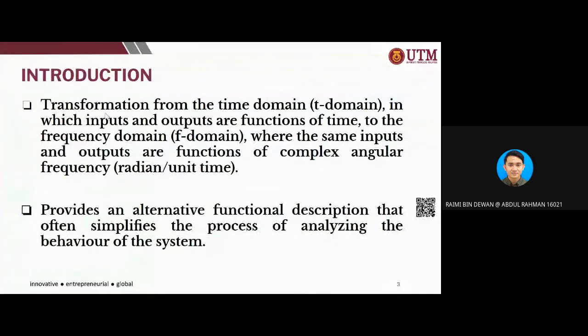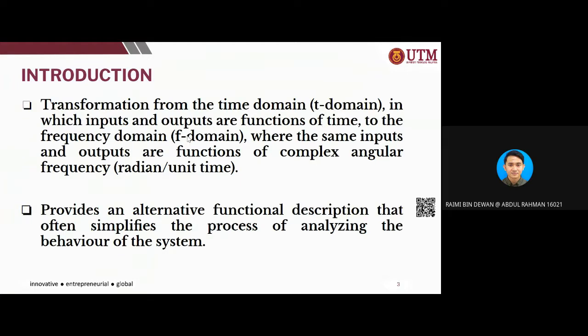So, introduction. Transformation from the time domain, which we call the T domain, in which inputs and outputs are a function of time. I believe that you guys are well aware of this already.